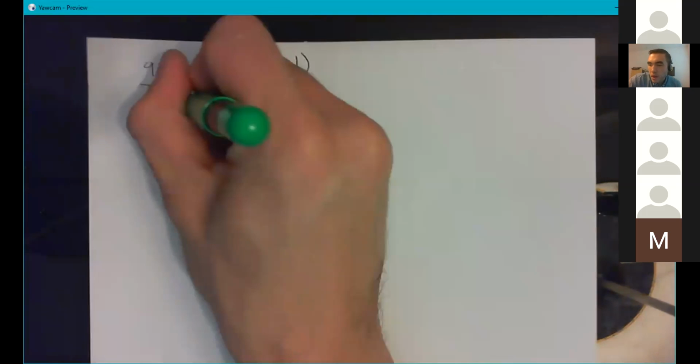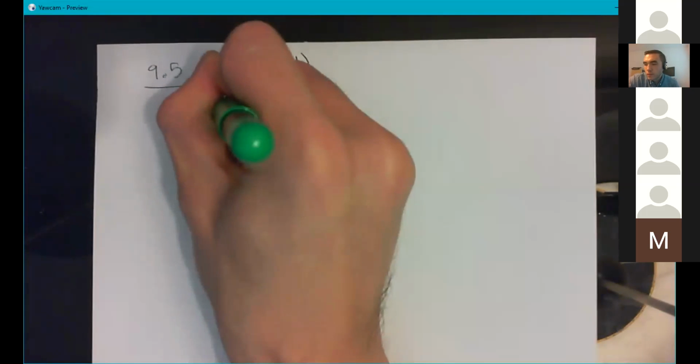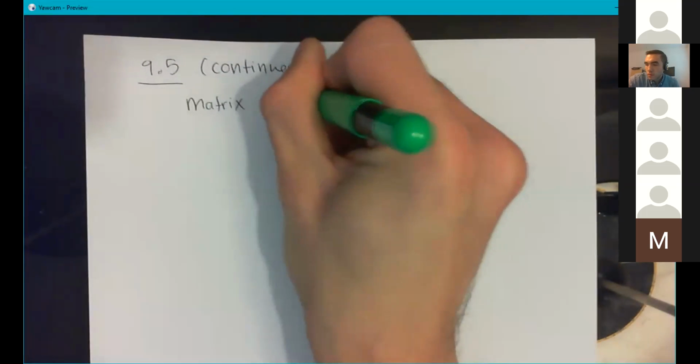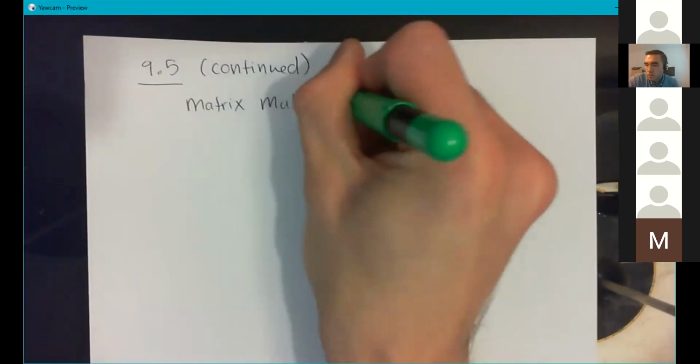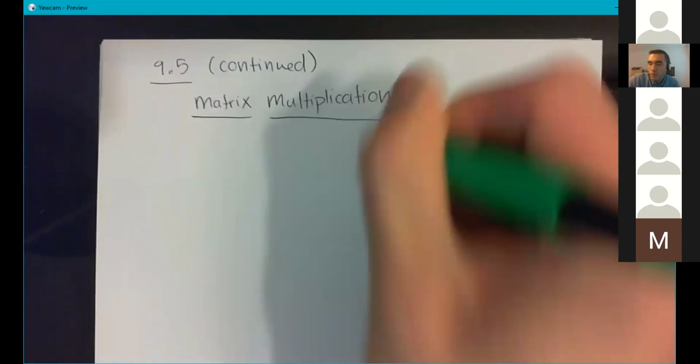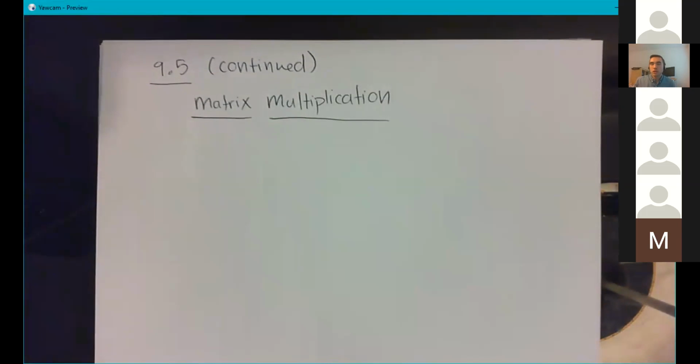Today, however, we're going to talk about matrix multiplication, which is a fundamentally different operation than scalar multiplication, which we talked about yesterday. Matrix multiplication has a whole bunch of its own rules.